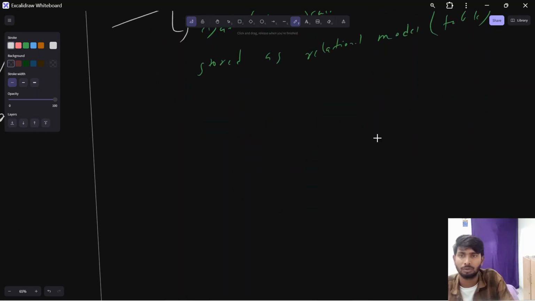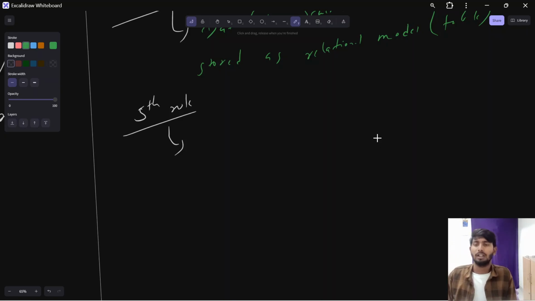Okay. We understand the zeroth rule. That is, the system must support the relational based database.